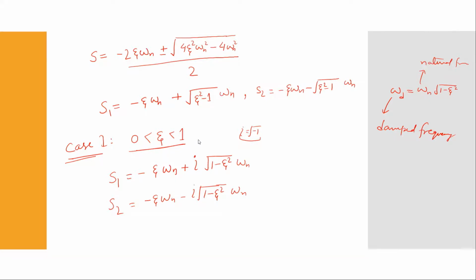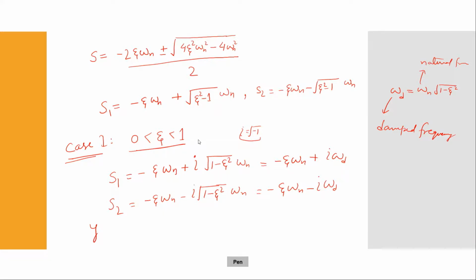Okay, so now we can also write it as minus xi omega n plus iota omega d, and minus xi omega n minus iota omega d. So these are the two roots, so therefore we will get the general solution for it.